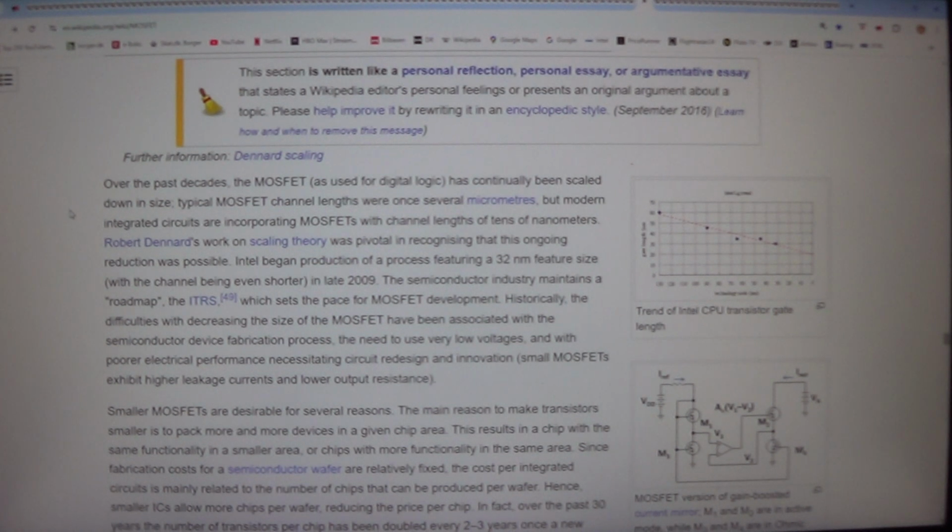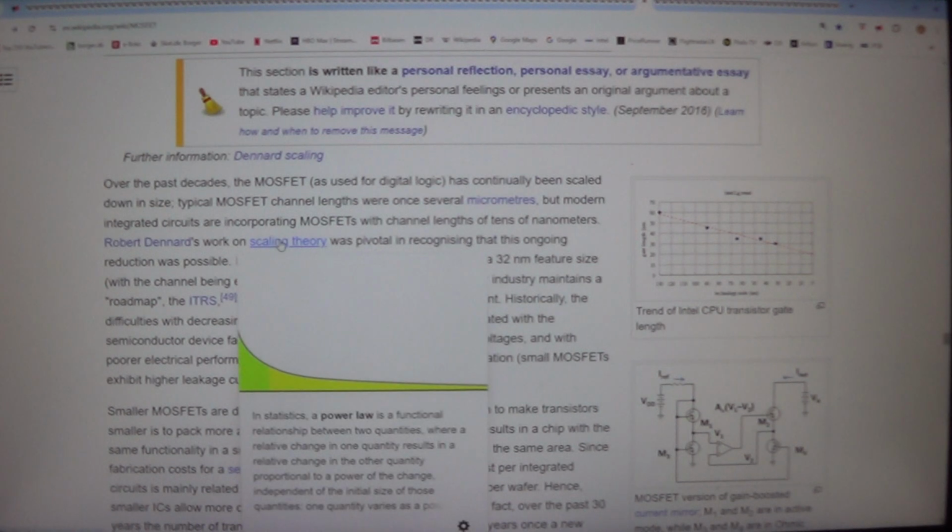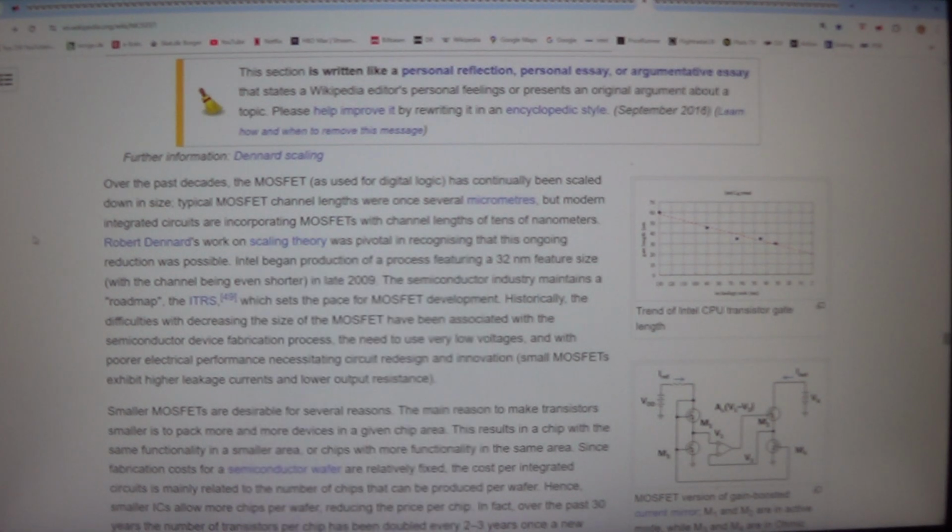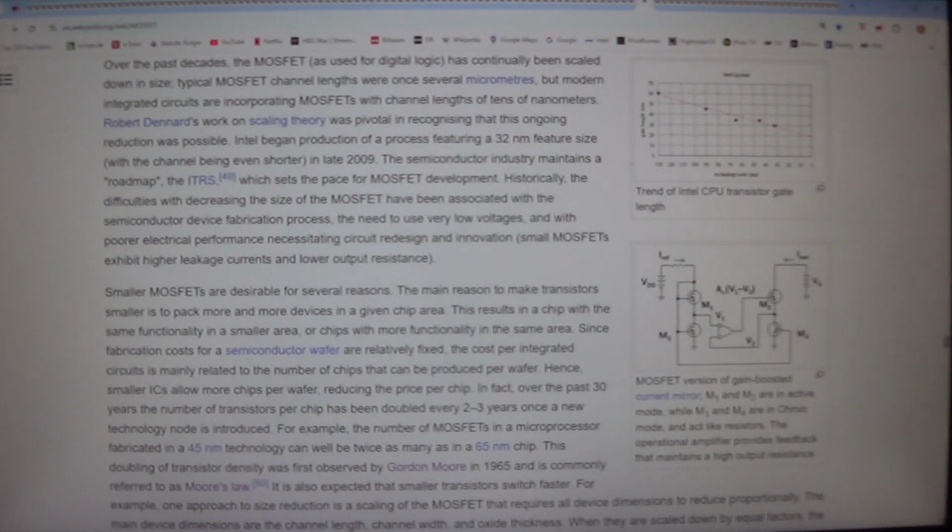Robert Dennard's work on scaling theory was pivotal in recognizing that this ongoing reduction was possible. Intel began production of a process featuring a 32 nm feature size, with the channel being even shorter, in late 2009. The semiconductor industry maintains a roadmap, the ITRS, which sets the pace for MOSFET development.